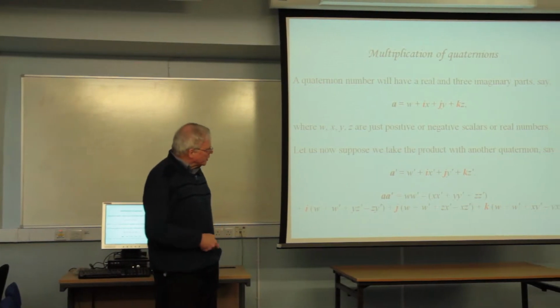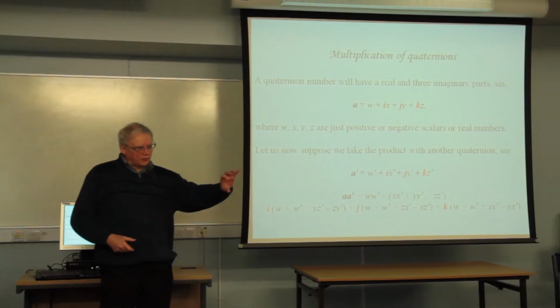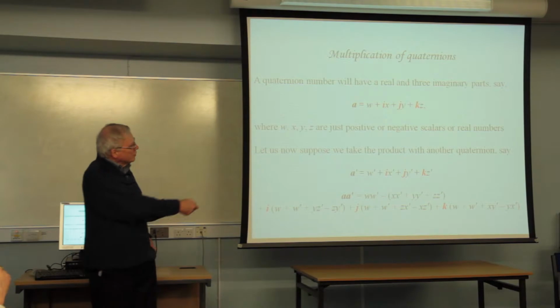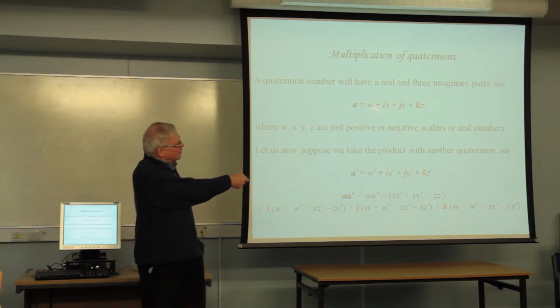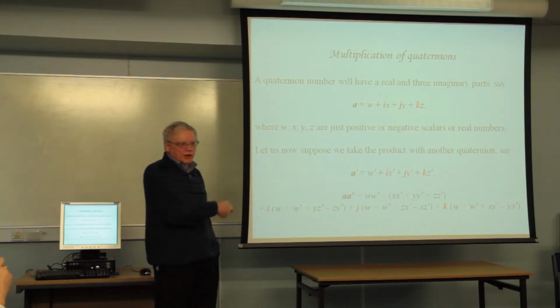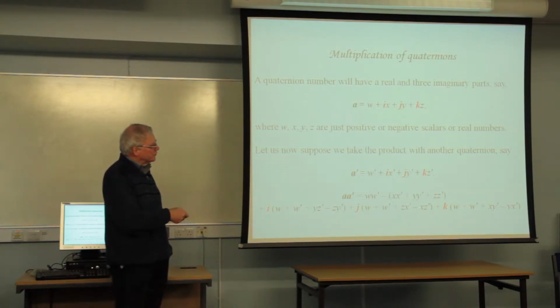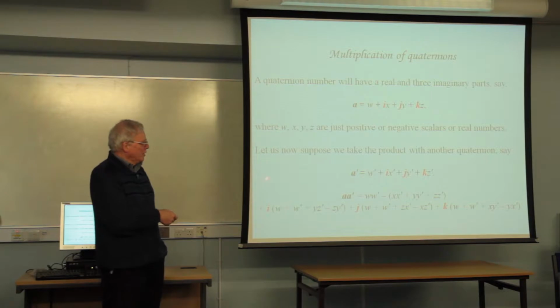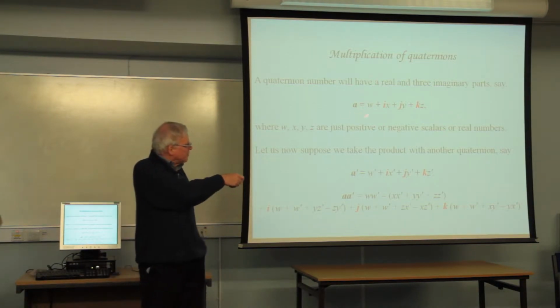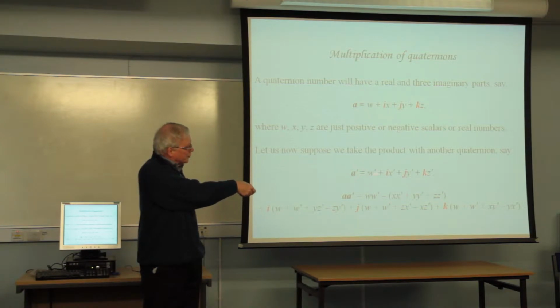Now, if we take quaternions as a package, the 4 components, we will get an object like that, and w, x, y, and z are sort of scalar units that go with them. They're just positive or negative scalars, just real numbers. And if we take the product of that with another one of the same type, let's say primed with prime symbols, so we take a and a primed, and we multiply it out, then this is what we will get.